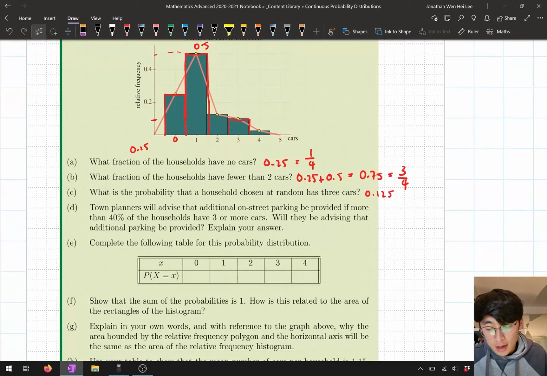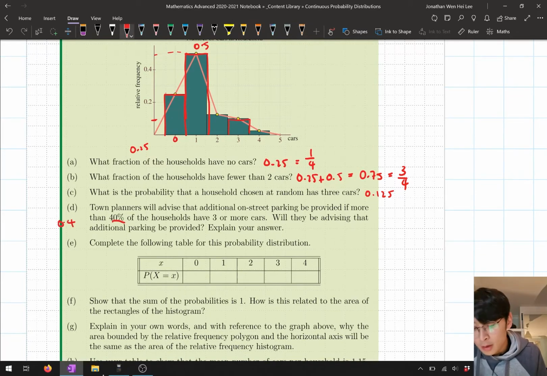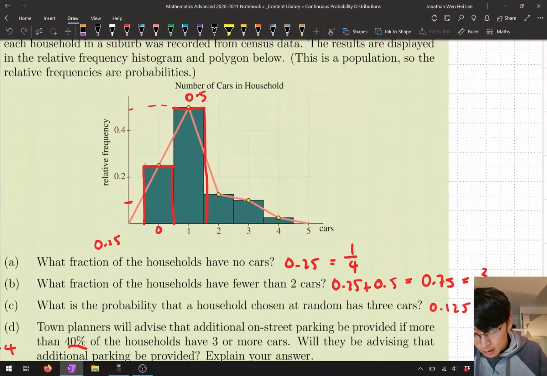Town planners will advise that additional on-street parking will be provided if more than 40% of the households have 3 or more cars. What we want is 40% of the households to have 3 or more cars. So 40% is just 0.4. And so what we're going to do is go to the columns with 3 or more cars, and add up their probabilities together. So let's have a look at 3 or more cars. So that's going to be this column over here and this column over here.